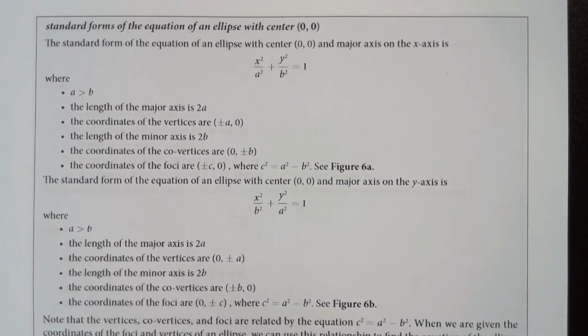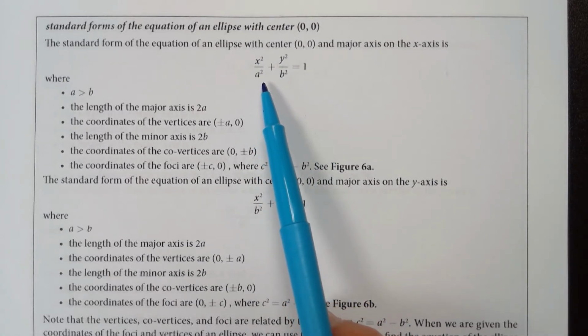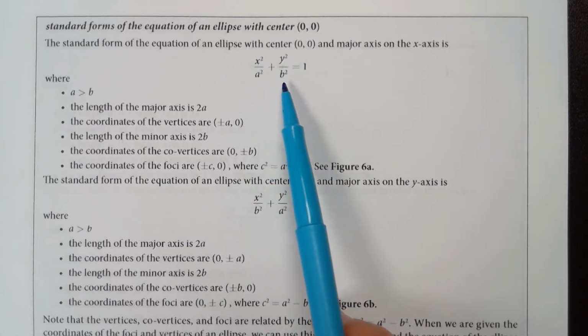We do have the standard form for the equation of an ellipse, and this is where it's centered at 0, 0. You're going to have lots of little formulas, but you can see how they're all kind of related once we get into them a little bit. So this is your general form: x squared over a squared plus y squared over b squared is equal to 1.